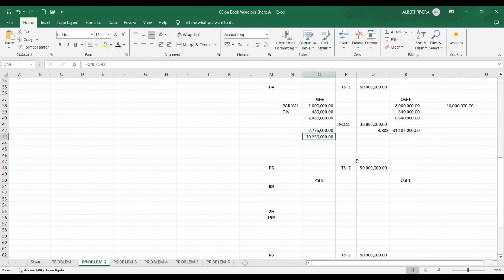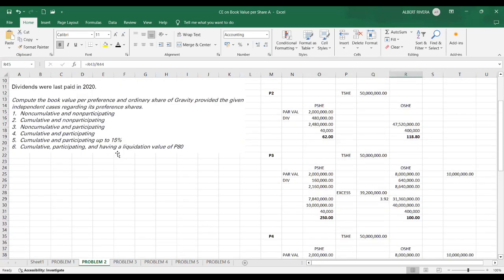So this would be the total, 10.56 million, while here, 39.744. Okay? Divided by the number of shares outstanding. This is 40,000 shares and 400,000 shares. Answers in problem 4 are 256.4 under preference and 99.6 ordinary.